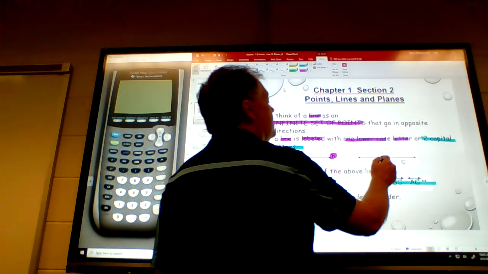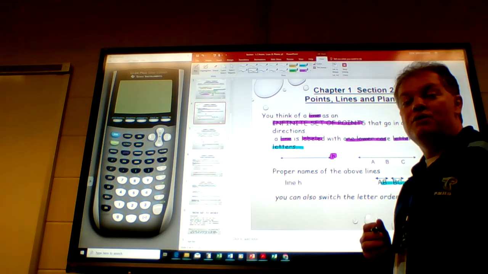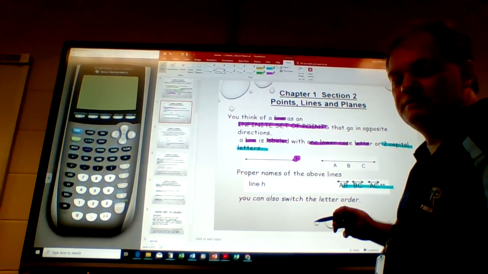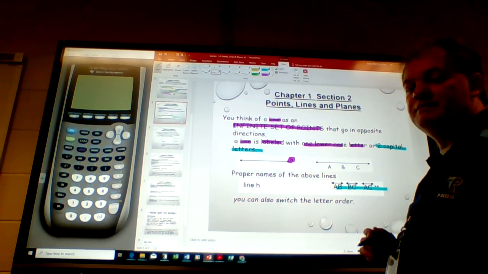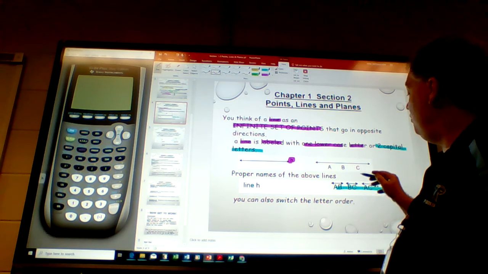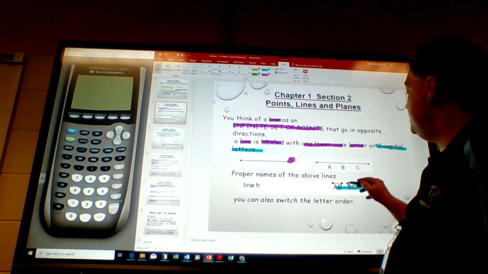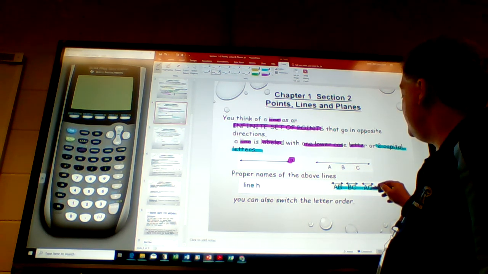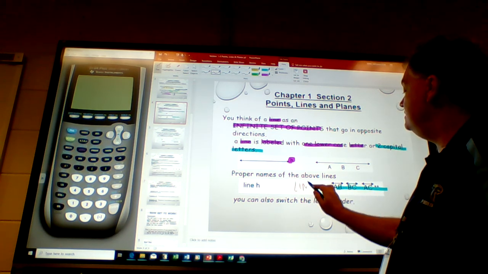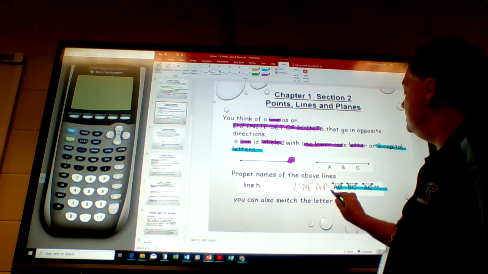Or, as you will see in most cases, you'll see it like this with only 2 points. Now, notice I have point A, B, C, and line AC with a little line symbol above it. I could also say line AB if I wanted to.